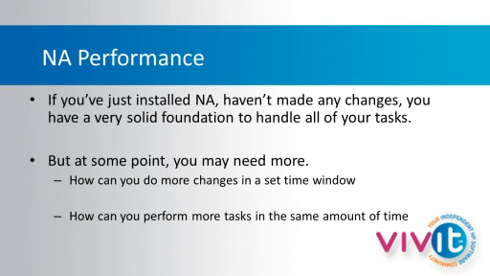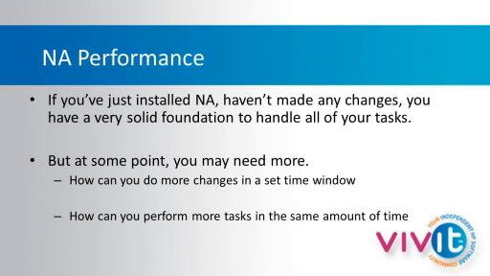So, network automation performance. From looking at the list of you who may be attending, I'm guessing most of you have some experience already with NA. Hopefully, everyone has found network automation to have an excellent foundation for your tasks. But at some point, more than likely your manager has or will come to you and say, hey, we need more.